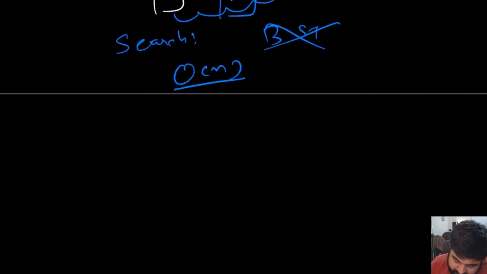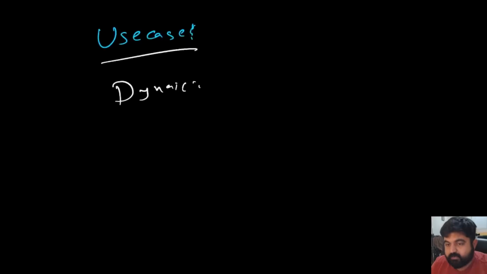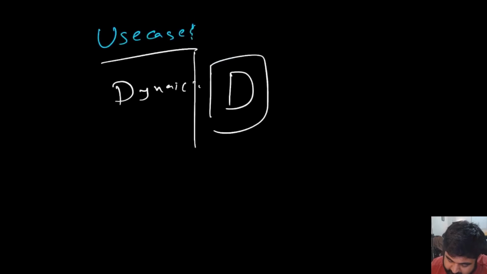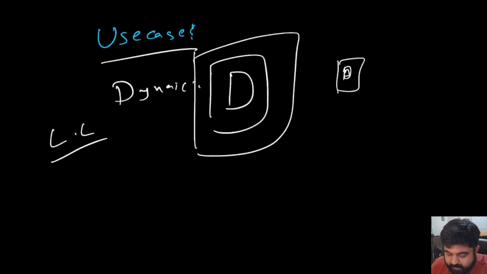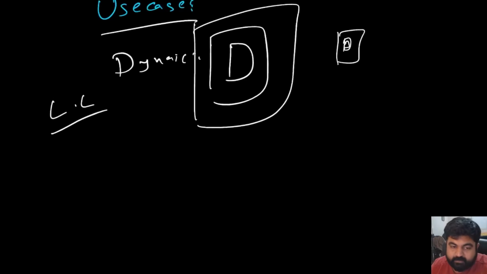Okay, now let's see what the typical use cases are where we can use a linked list. Well, use cases are quite simple, because this has a dynamic size. Wherever you need a data structure that automatically grows as per the demand of the data, or automatically shrinks as per the need, a linked list is a great way to deal with dynamic modification of memory.